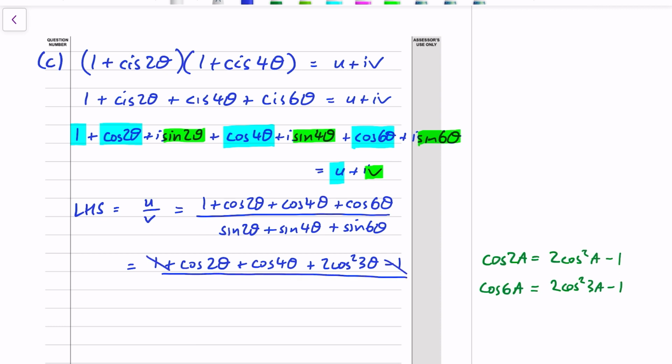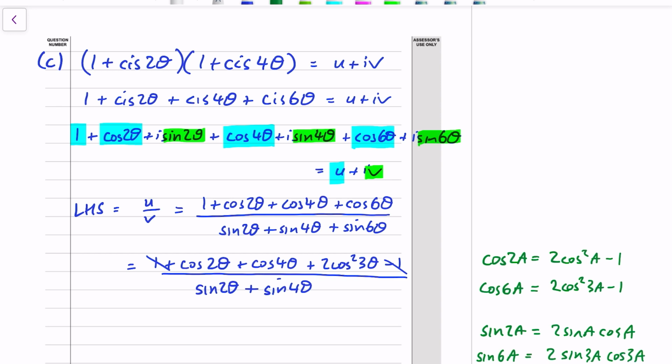And then the denominator, I'm going to work with the double angle formula for sine. There's only one option for that. That's the formula sine 2a equals 2 sine a cosine a, except in our case it's sine of 6a, 3 times the angle, 2 sine 3a cosine 3a.